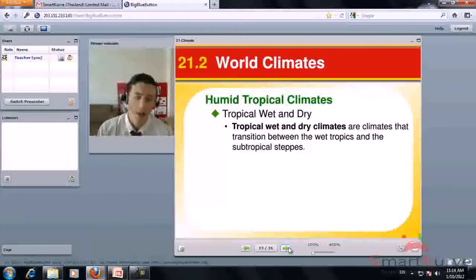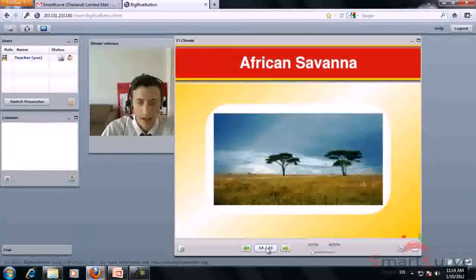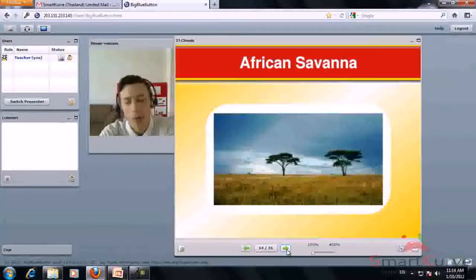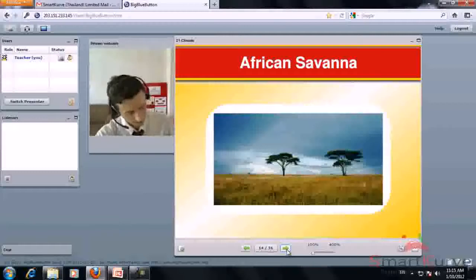Moving on, continuing with our humid tropical climates. Tropical wet and tropical dry climates are climates that transition between the wet tropics and the subtropical steppes. If you want to look at an example, there's an example of tropical dry. On the next slide, number 14, we see an African savanna. Notice the difference there between the rainforest on slide 12 and this grassland on slide 14.